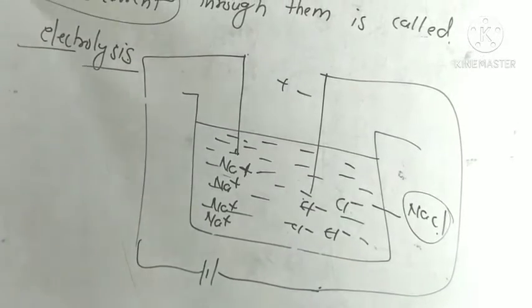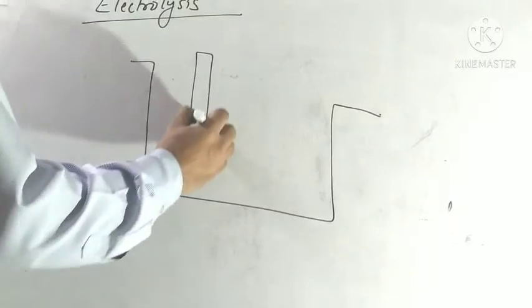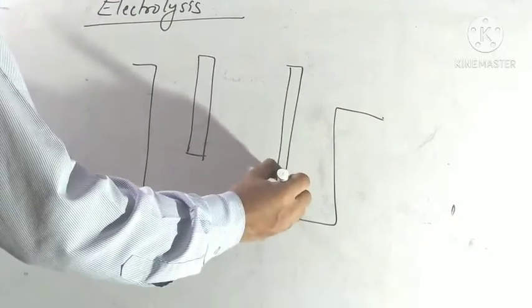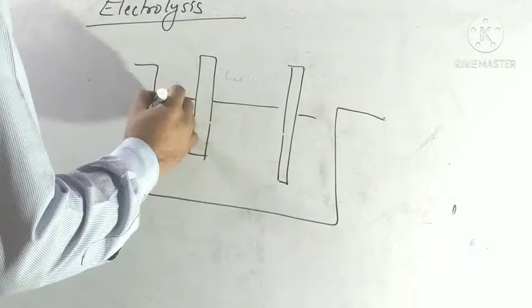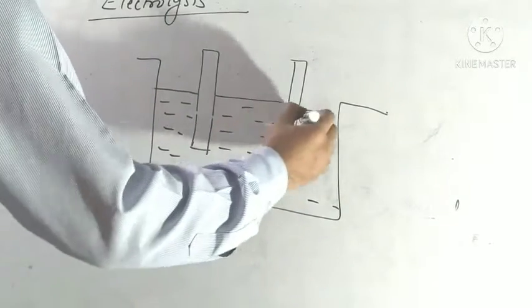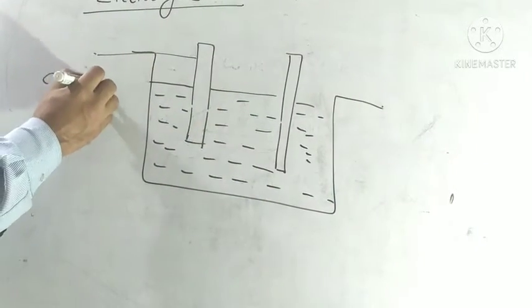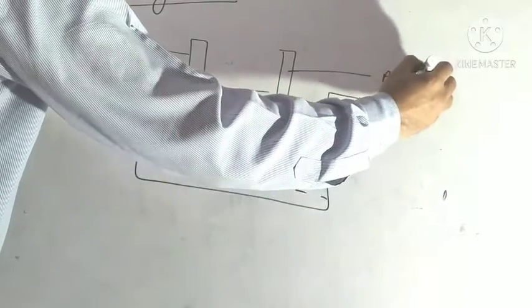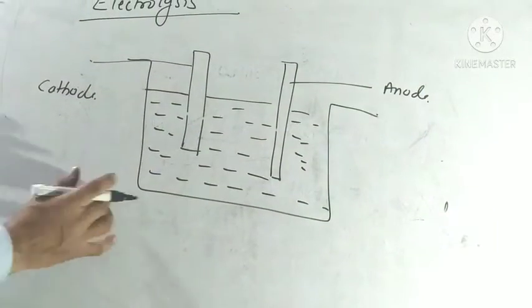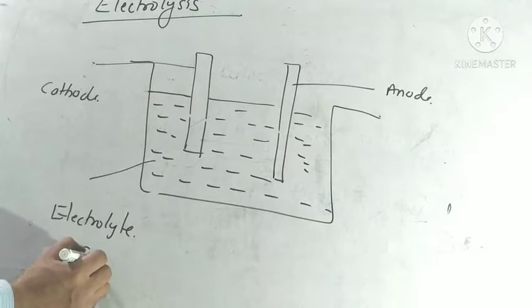Let us take a separate example. We take a beaker with two rod-shaped materials, filled with some solution. This rod is called the cathode and this rod is called the anode. This is the electrolyte solution.